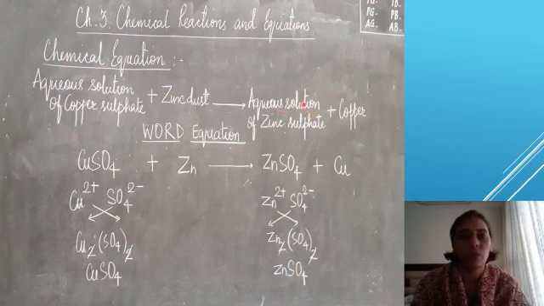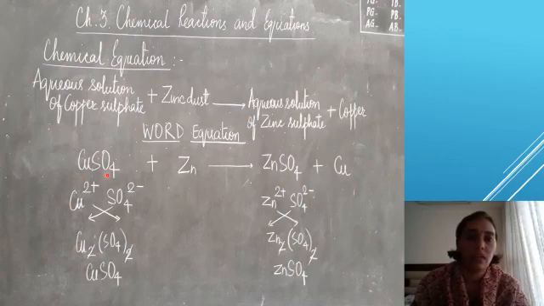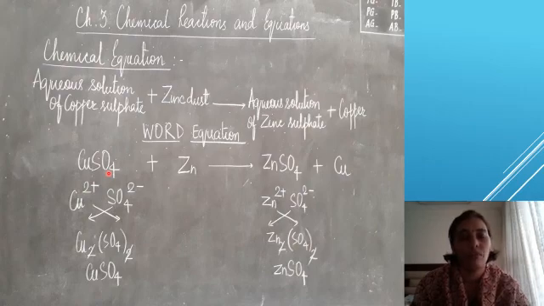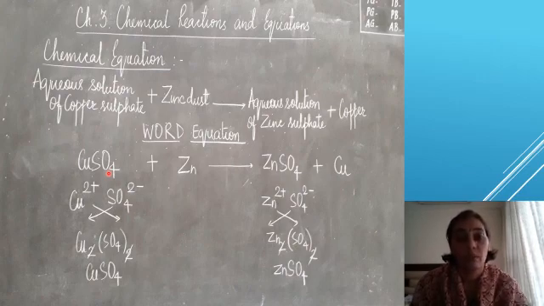So we convert a word equation into a chemical equation. How do we do this? We make use of the symbols and molecular formulas of reactants and products. By doing this, time is saved and things become more informative and can be conveyed properly.